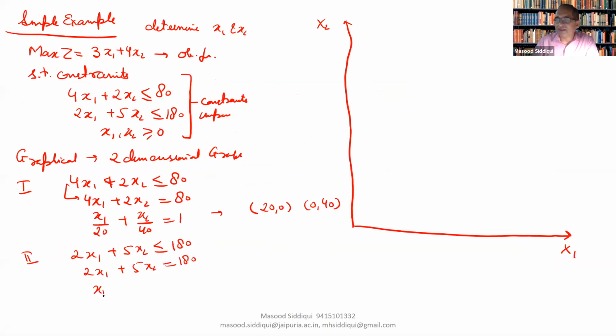Accordingly, we will have x1 divided by 90 plus x2 divided by 36 equals 1. We have converted it in this case. Here the intercept on the x1 axis would be 90 and the intercept on the x2 axis would be 36. So we have the points 90, 0 and 0, 36. Now we try to draw these lines on this graph. So we have something like that.